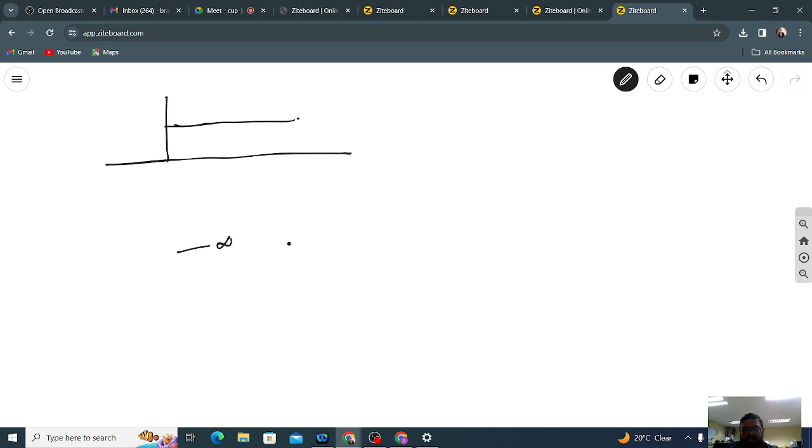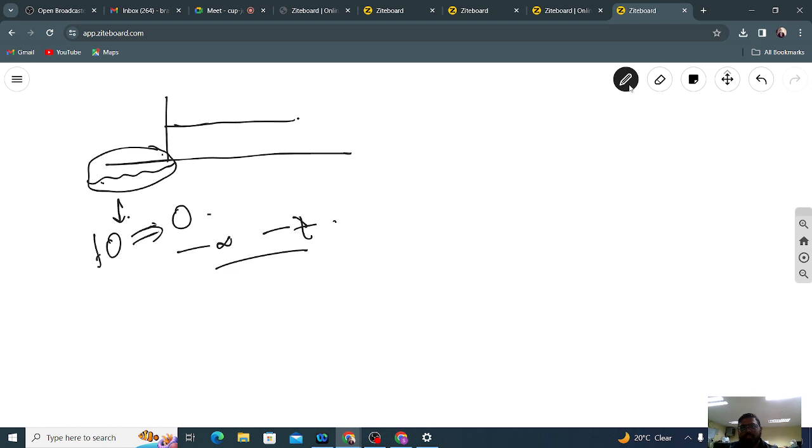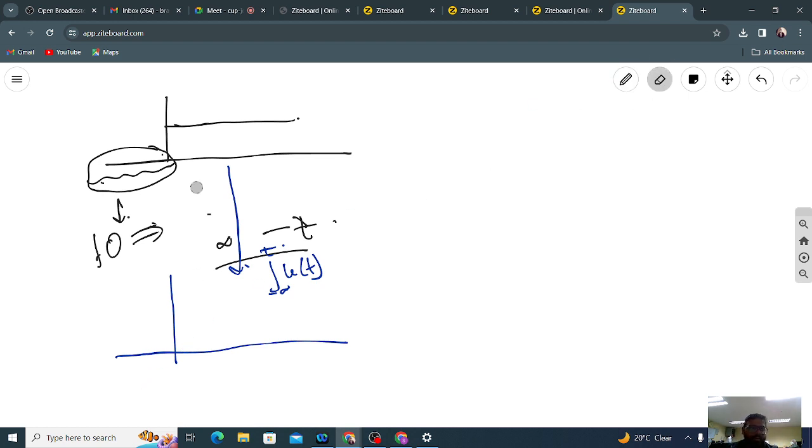From minus infinity to t, if we do integration for this portion, there are no signal values. Even if we do integration over a 0, it will remain 0. So let me draw it here.